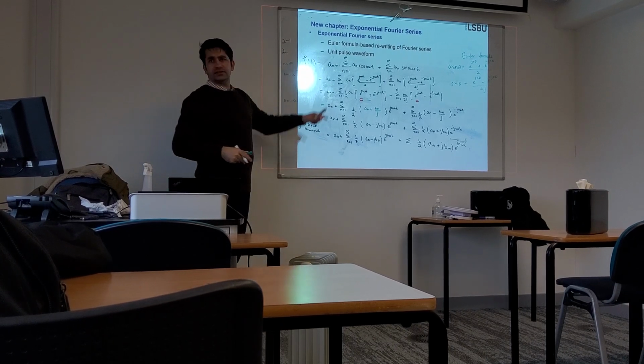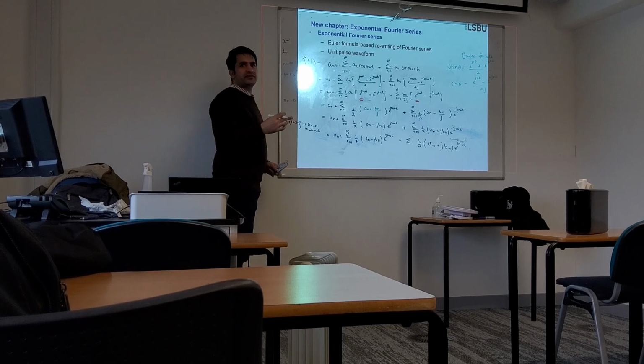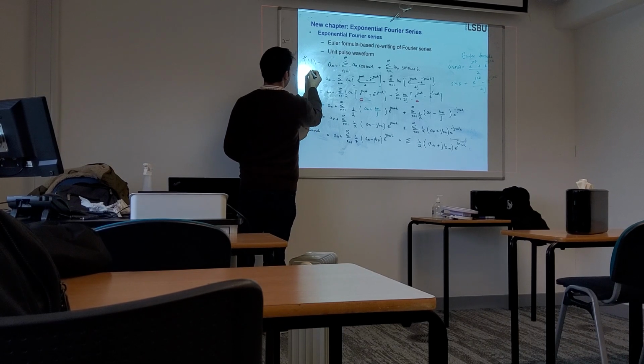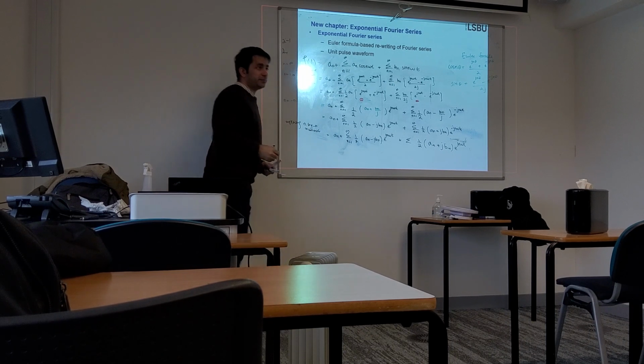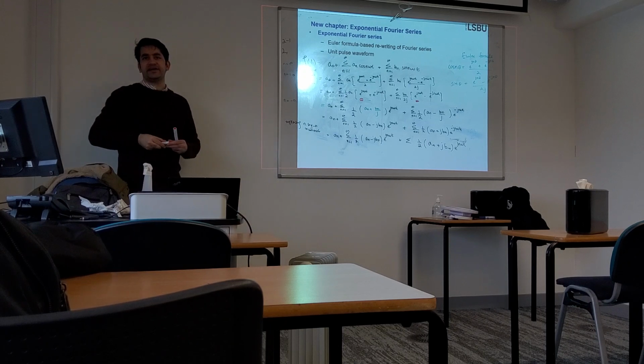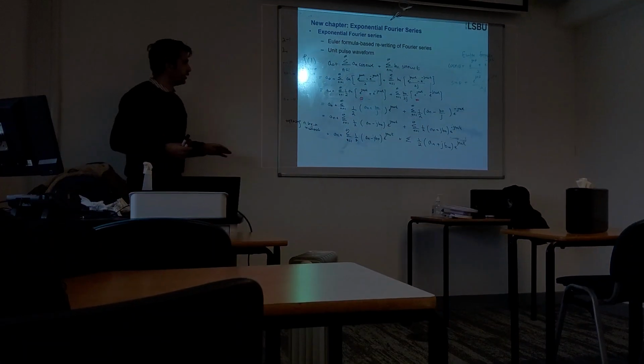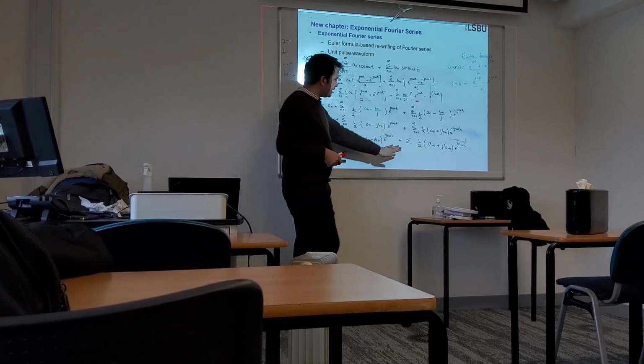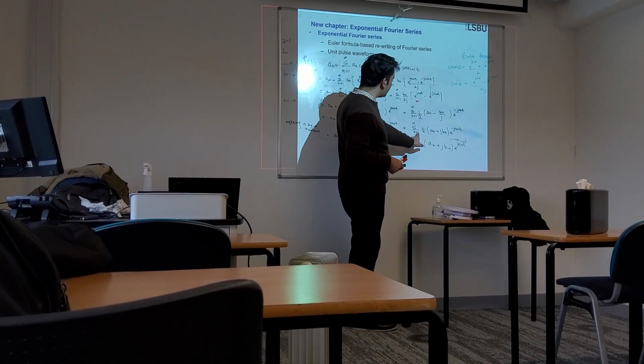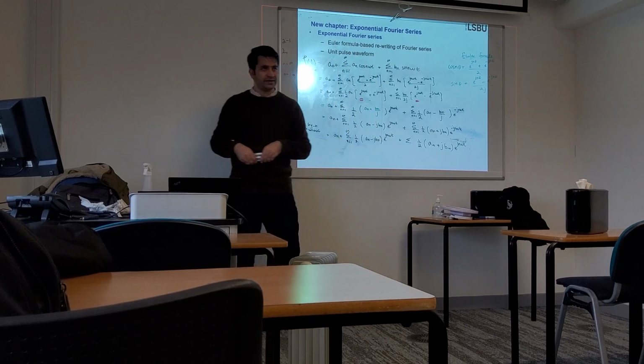We can now change them again by multiplying both sides with a minus. So this would become n equals minus infinity, and this would become n equals minus 1. So by reversing n, we need to reverse the summation. So here we can put minus 1 to minus infinity, right?